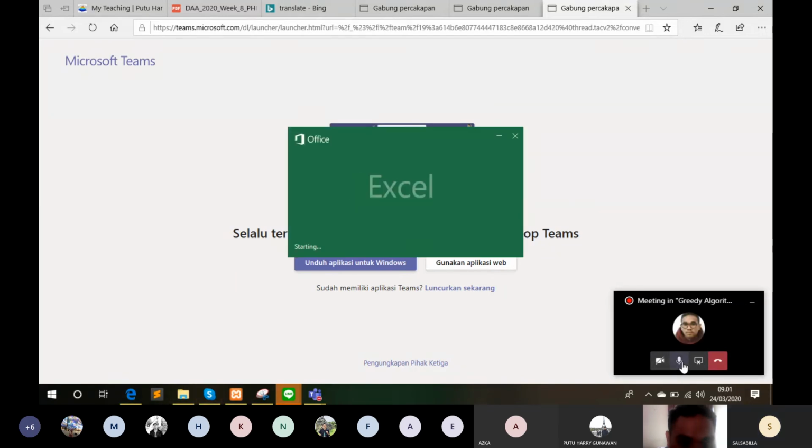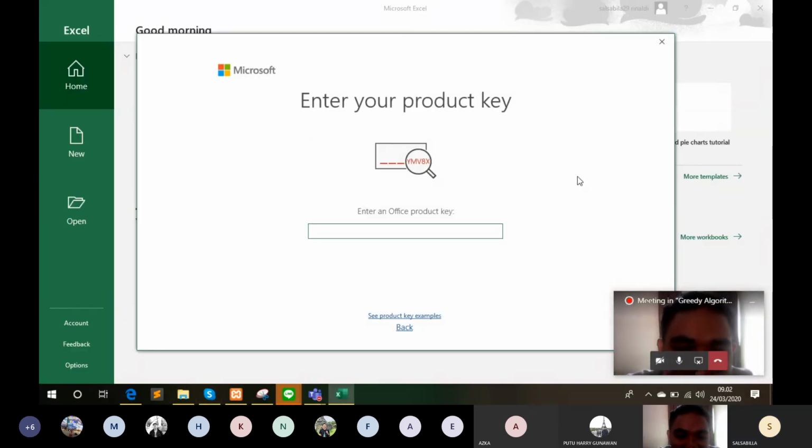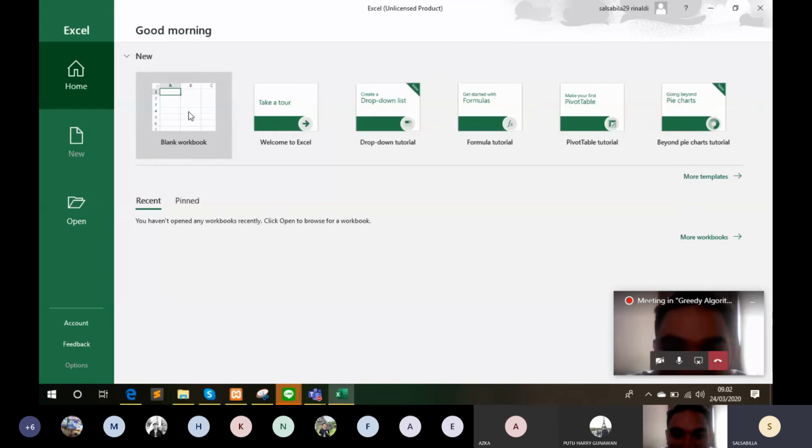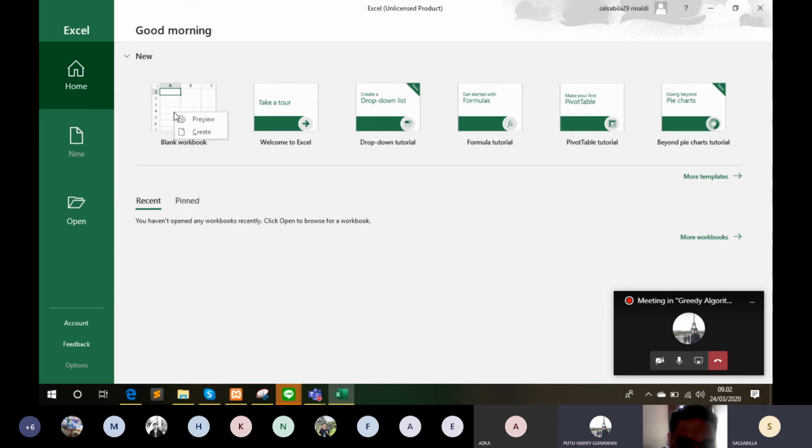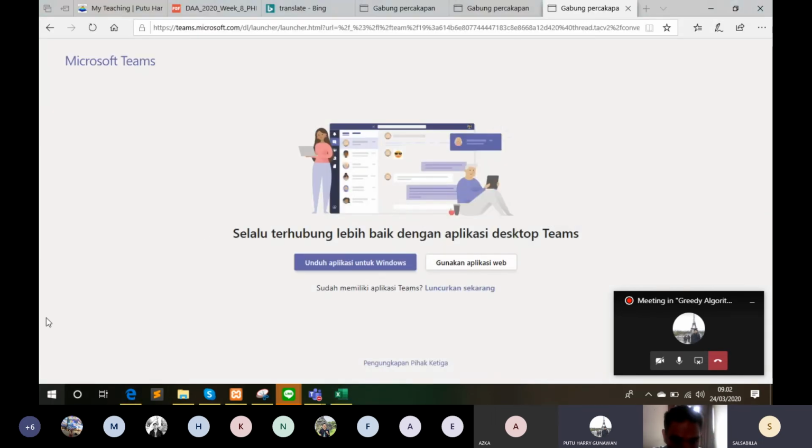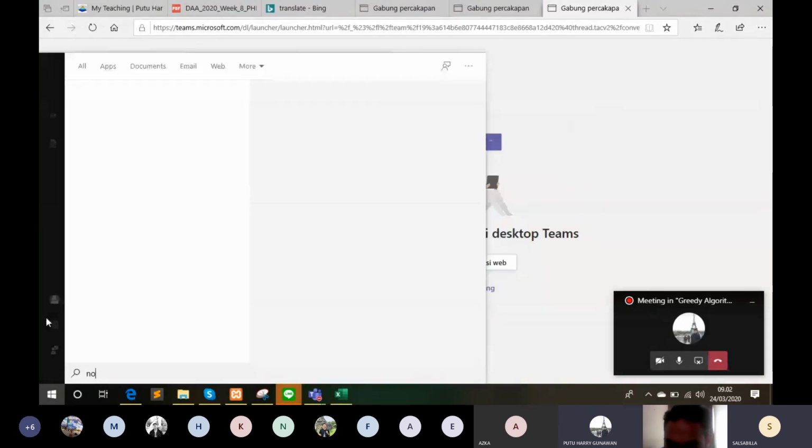Where is the slide? Please just give a solution for exercise 1. The solution is 6 coins. Okay, just write in your Excel file, or maybe Microsoft Word, or Notepad, whatever.